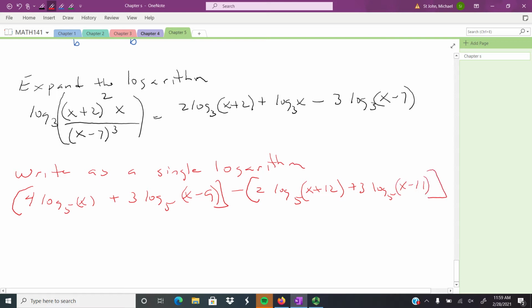Right? So we know it's going to be log base 5. And my fraction bar, everything to the left of the fraction bar is on the top. So on the top we have x to the 4th, and then x minus 9 cubed. On the bottom, we have x plus 12 squared, and then x minus 11 cubed.